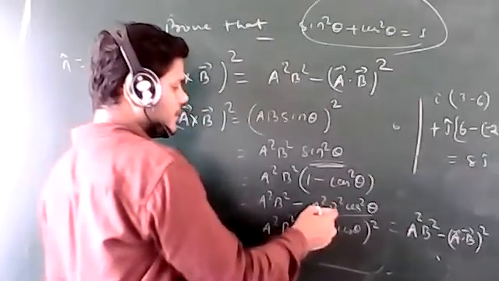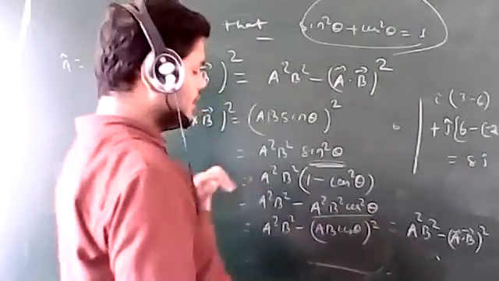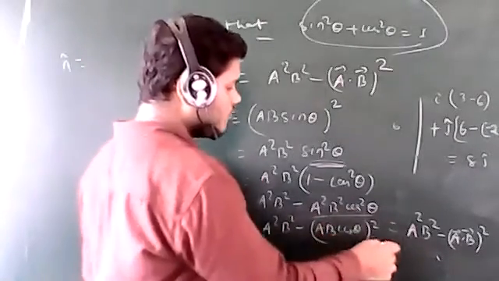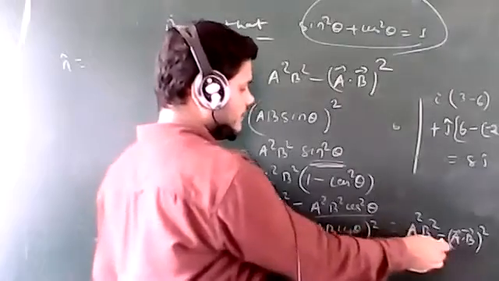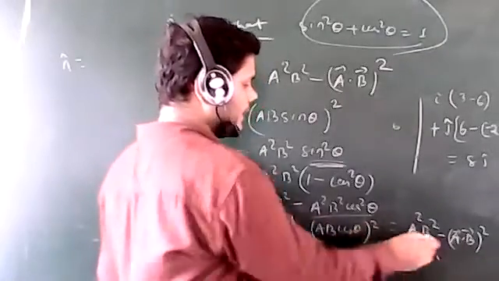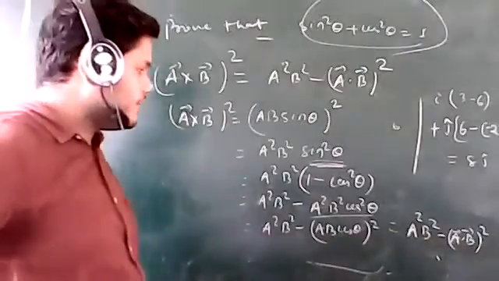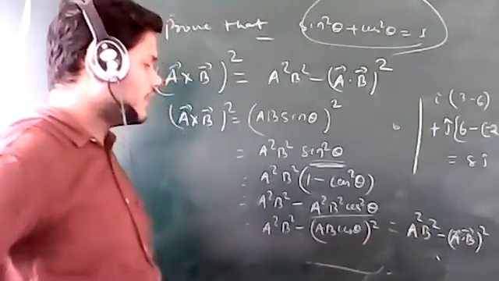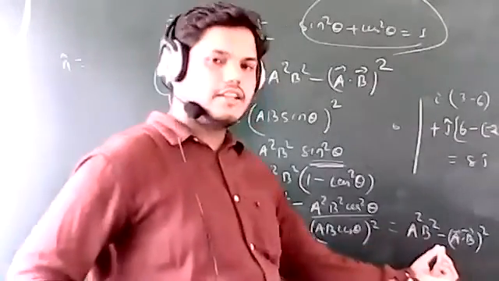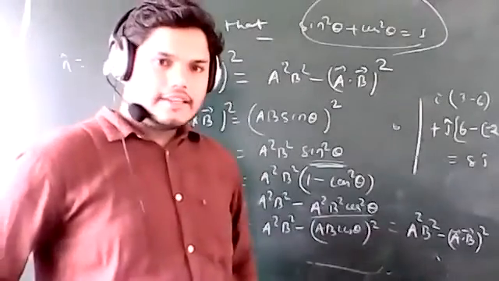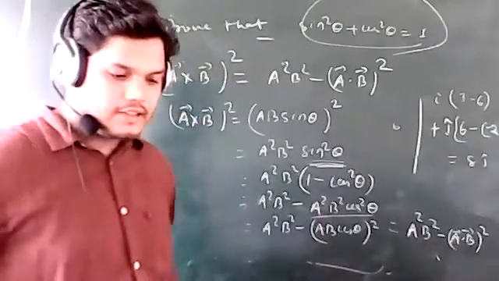Minus, in place of A square B square cos square theta, we can write AB cos theta whole square. Yes or no? So A square B square minus AB cos theta, which is A dot B, whole square. So that will be the RHS. Got it? So do another question.